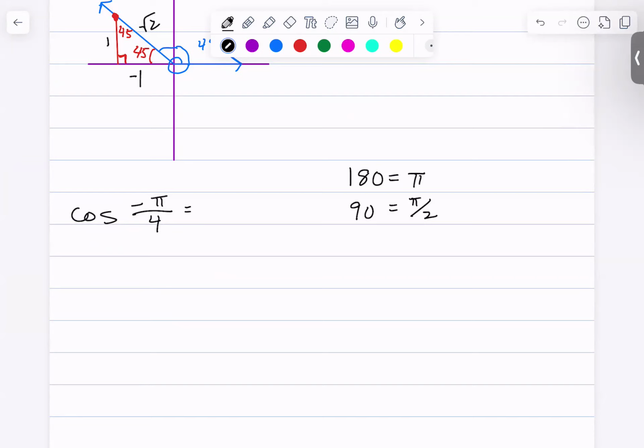If 90 is pi over 2, then 45 equals pi over 4. Half of 90 is 45, or a fourth of 180 is 45. So a fourth of pi is pi over 4. If 180 equals pi, then 60 is pi over 3 because 60 is a third of 180, right? And the last one is 30, which is pi over 6.